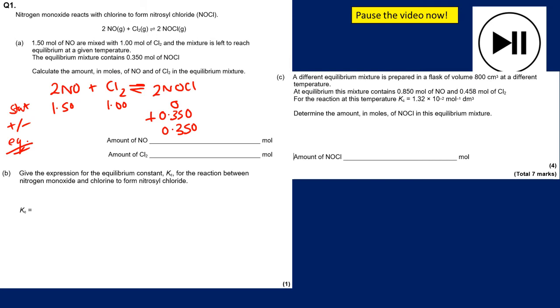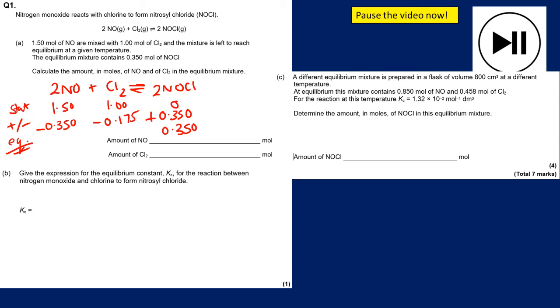That means that the NO will have gone down by 0.350 because it's a 2 to 2 ratio, and in fact the chlorine will have gone down by half this amount. So what I'll do is 0.35 divided by 2. So this will have gone down by 0.175.